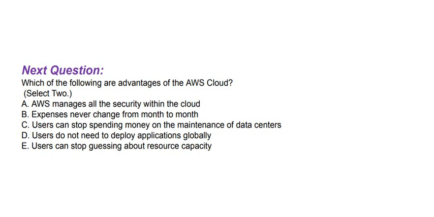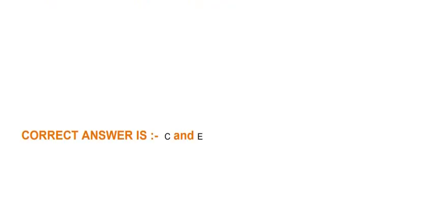Option D: users do not need to deploy applications globally. And option E: users can stop guessing about resource capacity. The correct answer is option C and E.